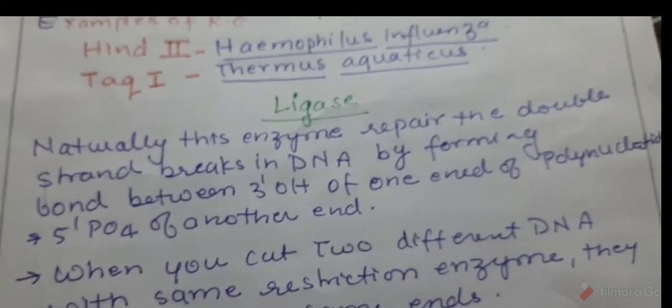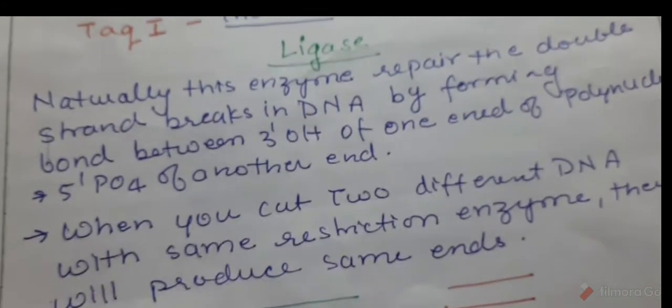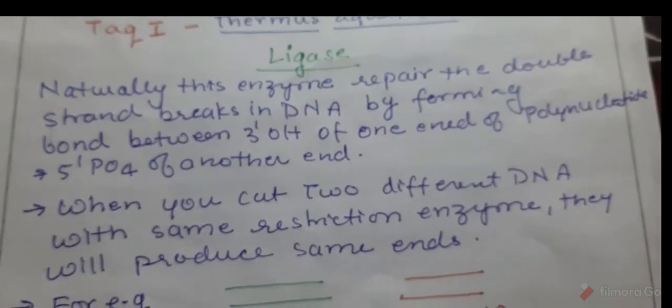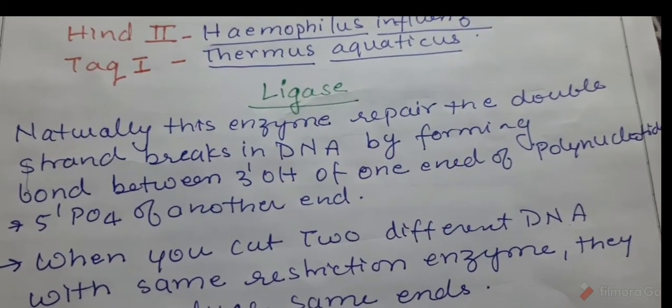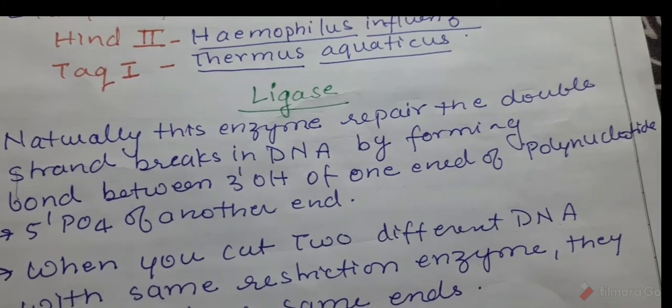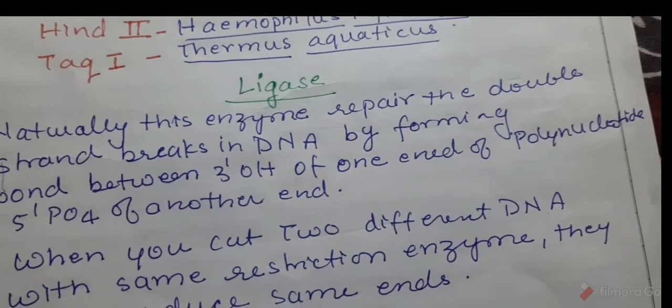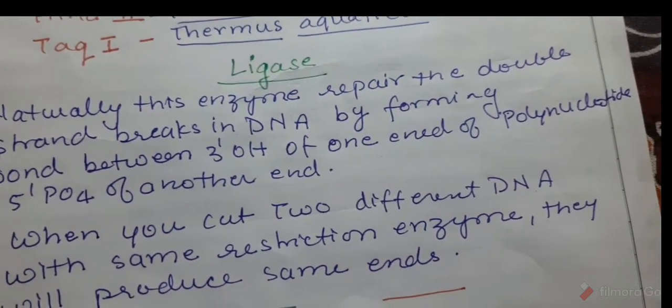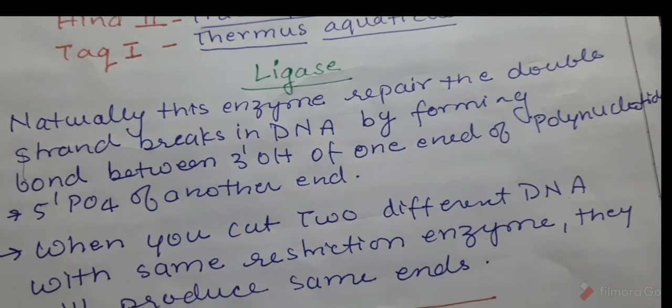Now let's talk about another enzyme called ligase, which is also one of the important enzymes. Naturally, this enzyme repairs double-stranded breaks in DNA by forming a bond between the 3'-OH of one end and the 5'-phosphate of another end.